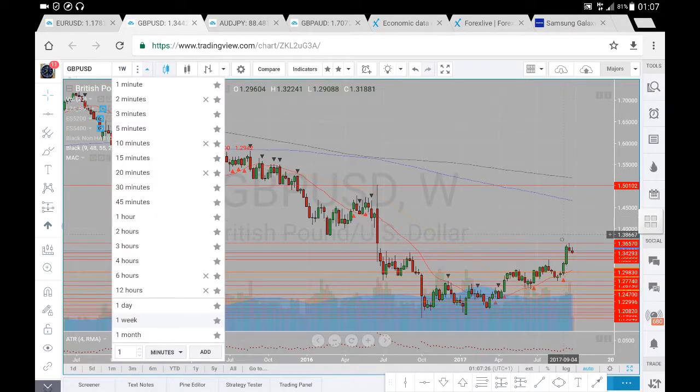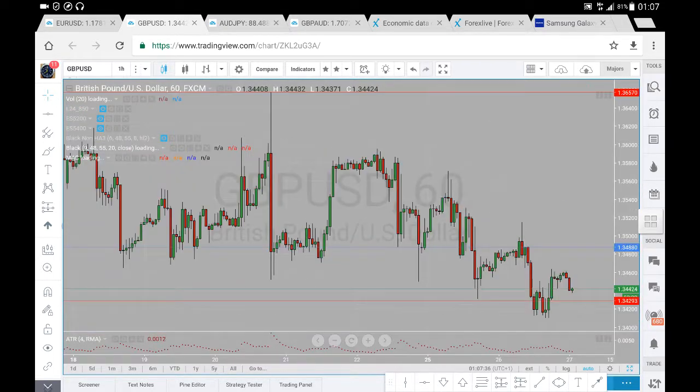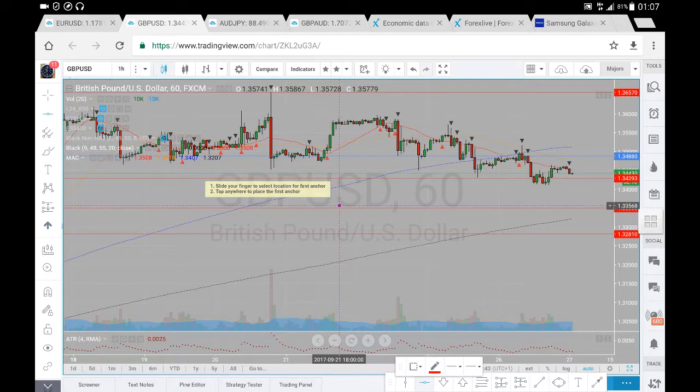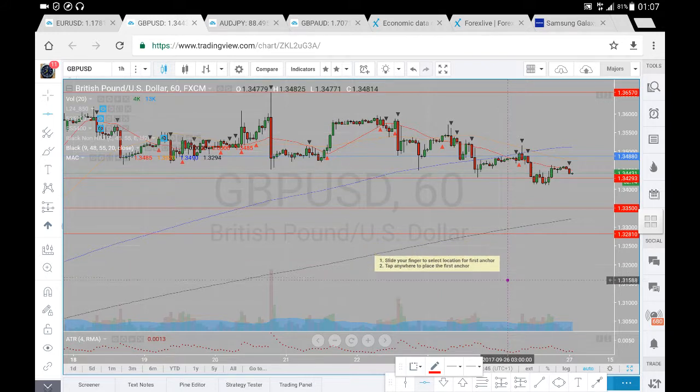Let's just get this right. Let's go down to the hourly chart and let's put that on there as a possible downside target, 131.47.